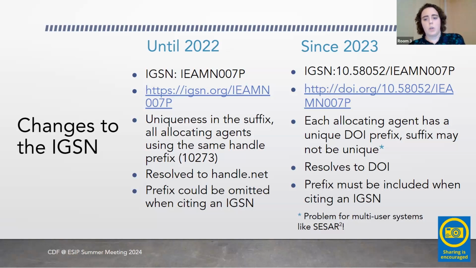The IGSNs will resolve to this DOI, and importantly, also any pre-DataCite IGSN also has a related DOI, and this was quite a lot of effort to get working. And so now when you're citing samples, the prefix, that DOI prefix, must be included to make this resolve.